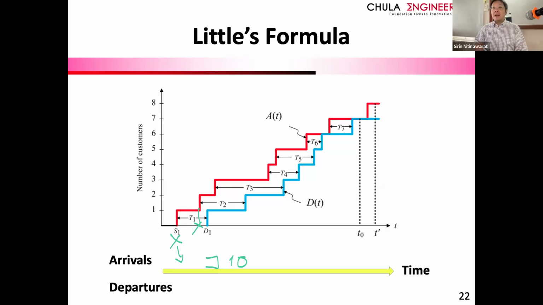The first customer is not done yet, because if the first customer were already done, he would have left. But as you can see, D is still 0 at this point in time. So that means one is still there being serviced. So what will happen to two? Two has to be queued up, put at the head of the queue.